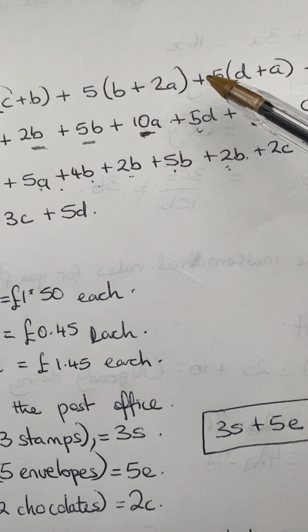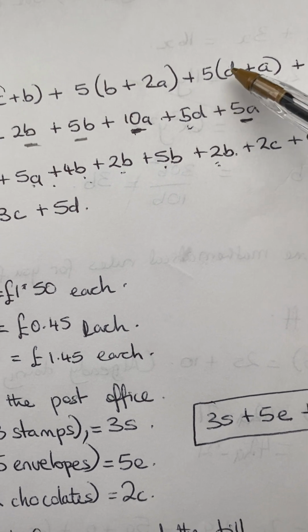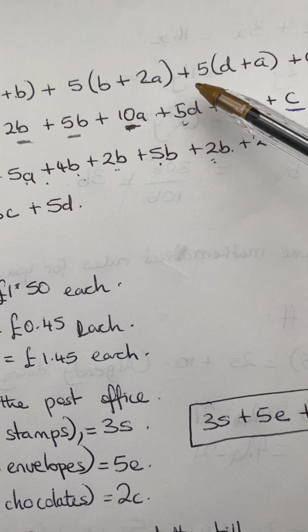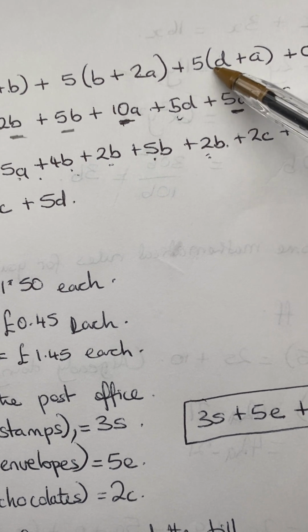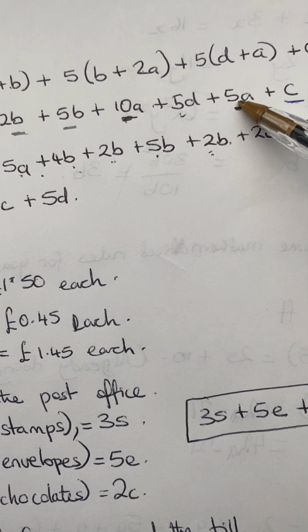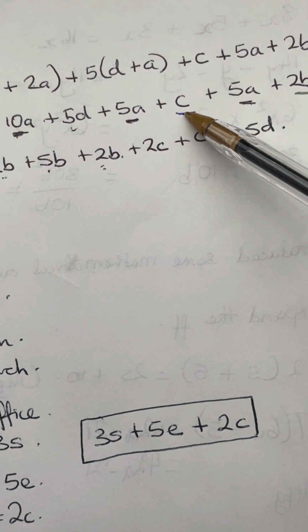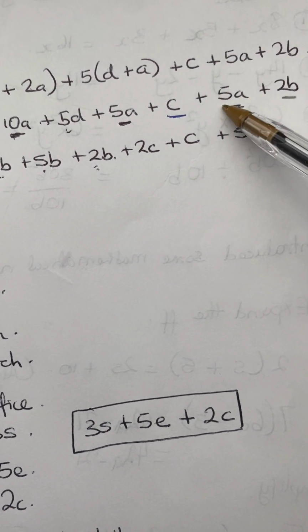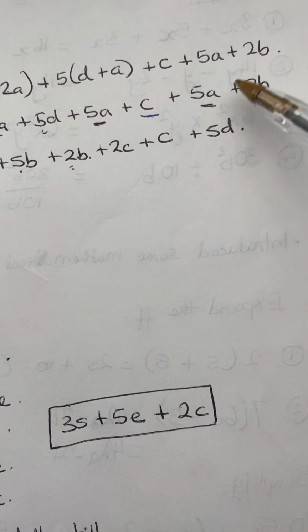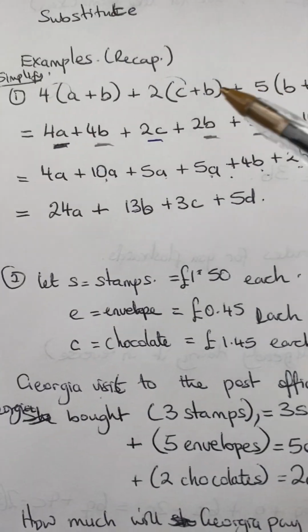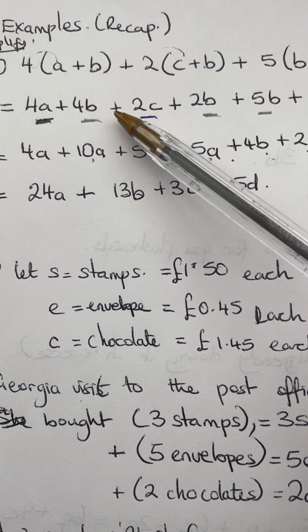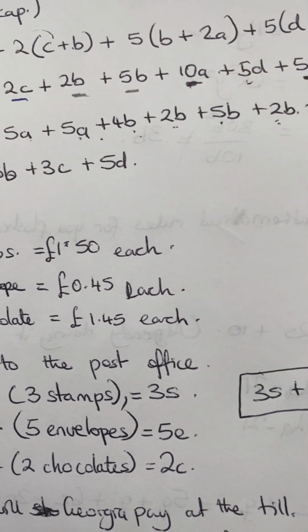Okay, plus 5d plus 5a there. Okay, plus c plus 5a plus 2b. So we've expanded and removed all the brackets.